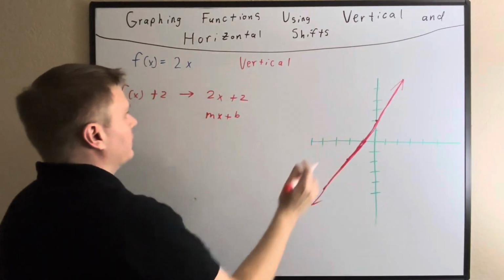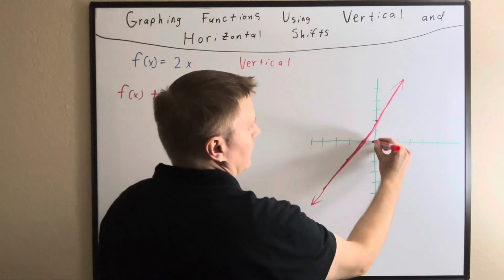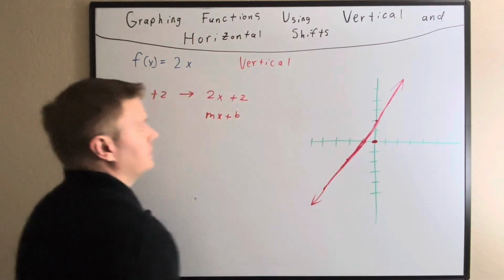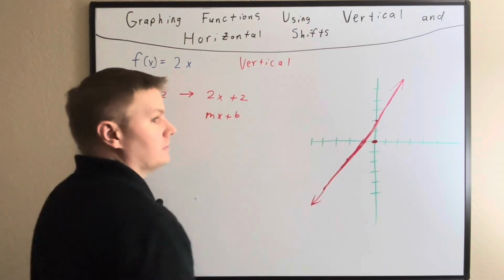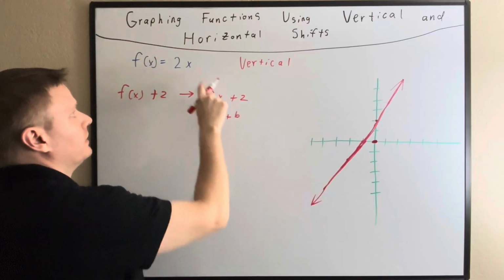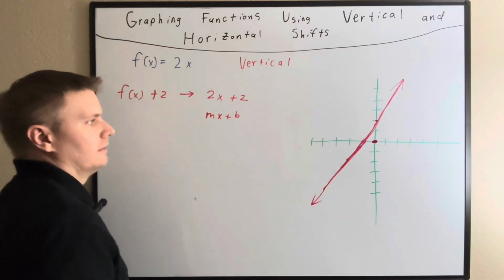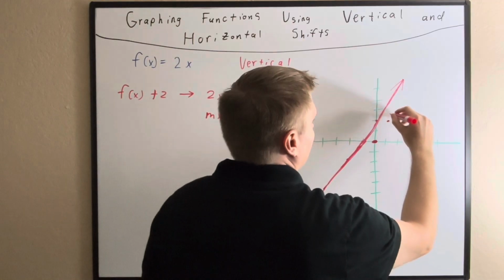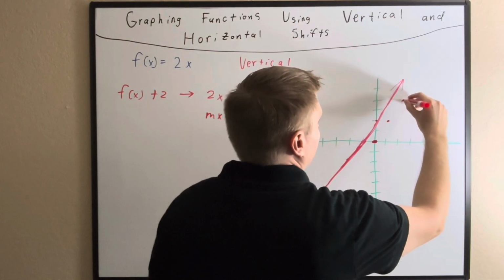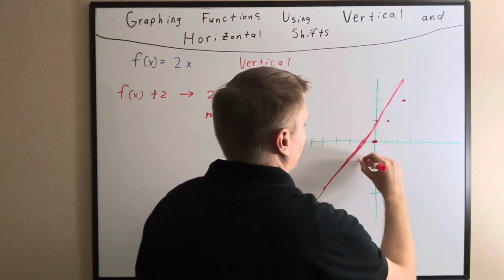Before the shift though, it was on this. This was our y-intercept, right? Right at the origin of the Cartesian coordinate system, because there was no b, right? And it was a parallel line to the line we just drew because it has the same slope, right?